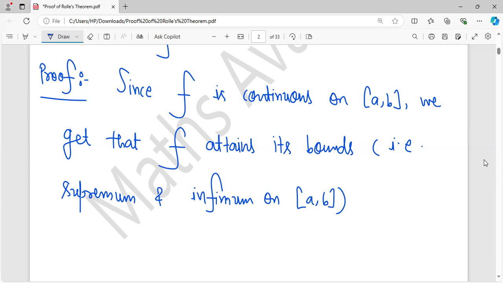Every continuous function attains its bounds, supremum and infimum, on closed interval [a, b].